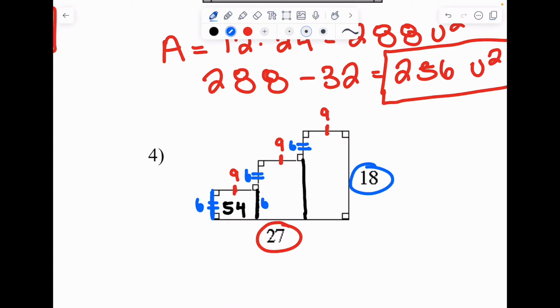So in total, this entire side will be 12 units long. So in order to find the area of that middle rectangle, I have to multiply 9 times 12, which will give me 108. And then for that final rectangle, I have to do 9 times 18, which will give me 162.